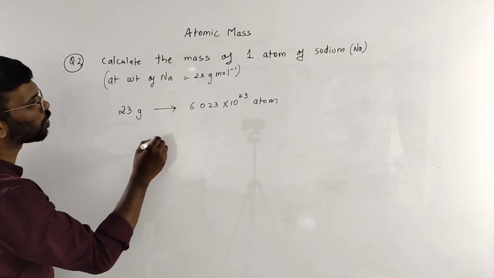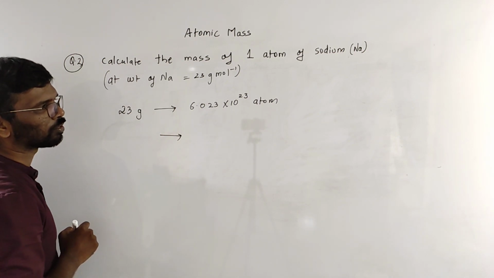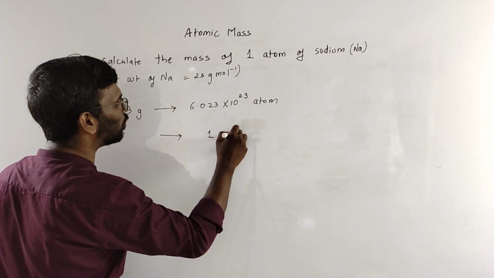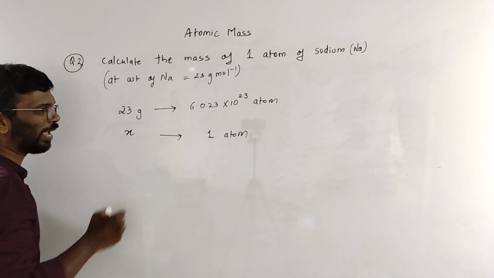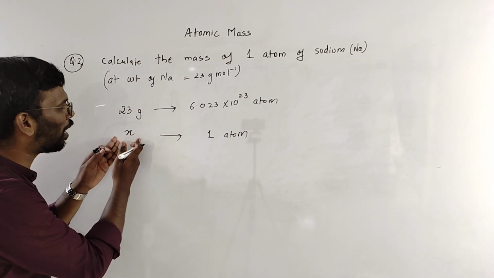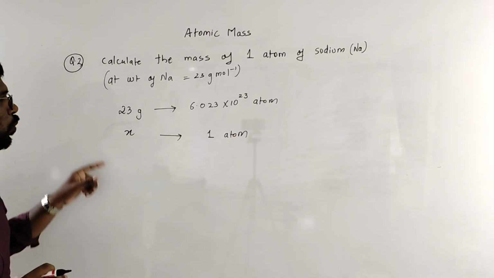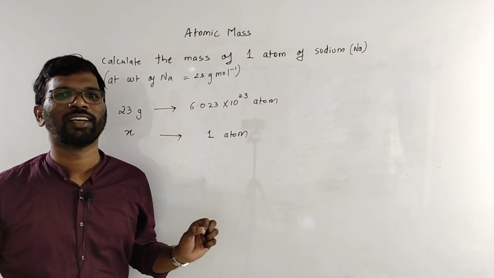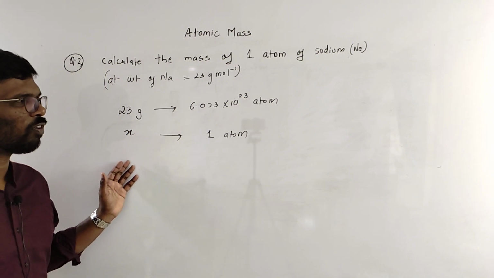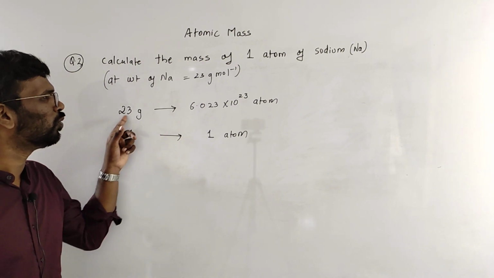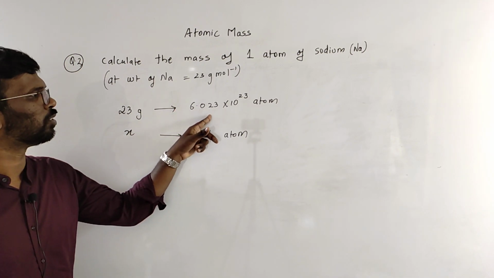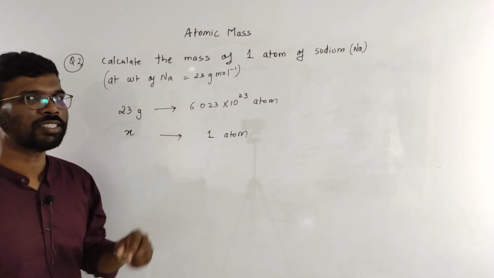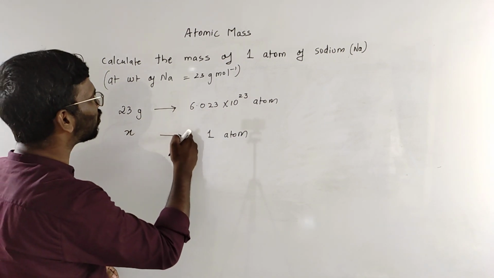So what is the mass of one atom? So where will you put x? It is x over here. Why? Because you are finding the mass of one atom using a standard relation. In the first example, where I told you to find the number of atoms in 46 gram, you used a similar equation: 23 grams is equal to this many atoms, and you put 46 and get the answer. Now you are finding the mass of one atom.